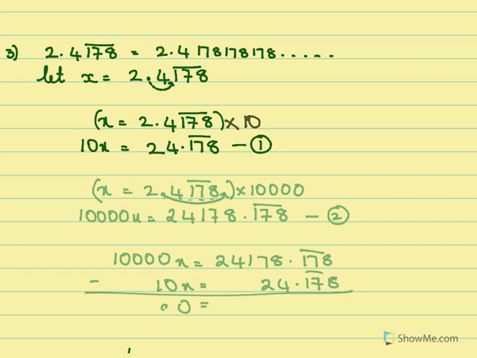And on subtracting, here you get 9990x equal to 24154.000. So this is x, so x equal to 24154 over 9990.